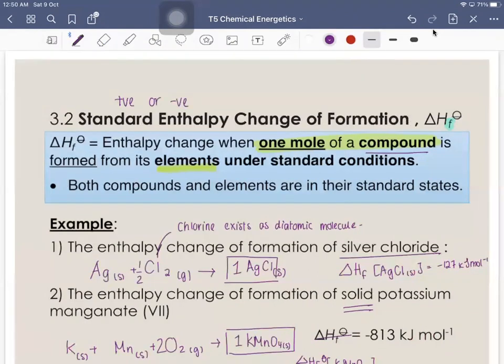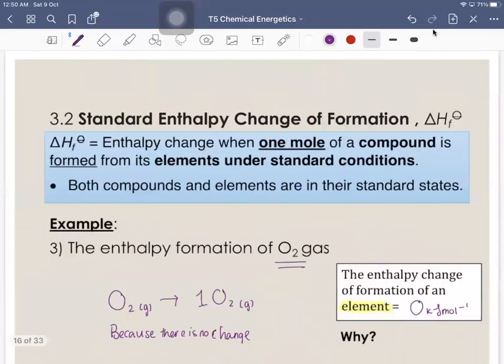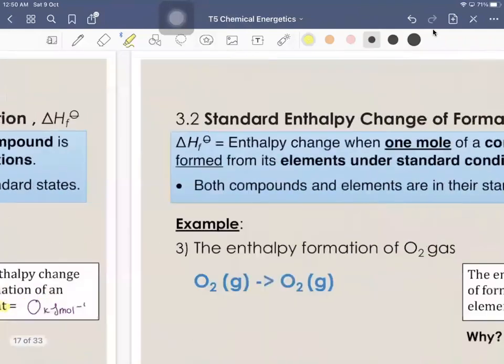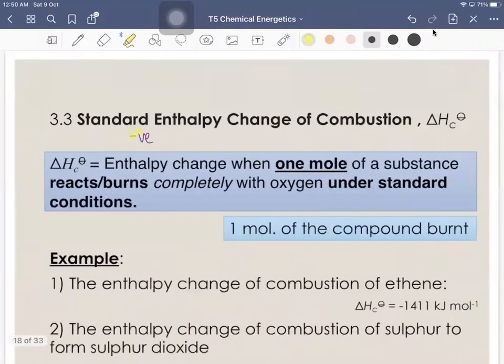That means it can be exothermic or endothermic. Whereas combustion, when you burn something, when you heat something, it will always release energy. So it's always only negative.